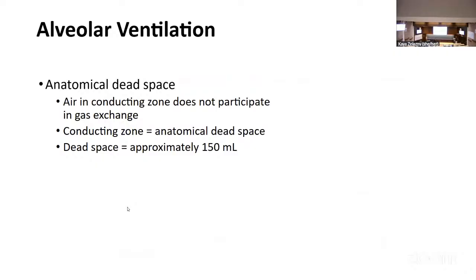Because we have this anatomical dead space, right? So we were just thinking about the concept of reserve volume, about the fact that we have that air we can't blow out of the lungs even if we try. But in general, when we're talking about the conducting zone, we have air in these passageways that's not participating in gas exchange.